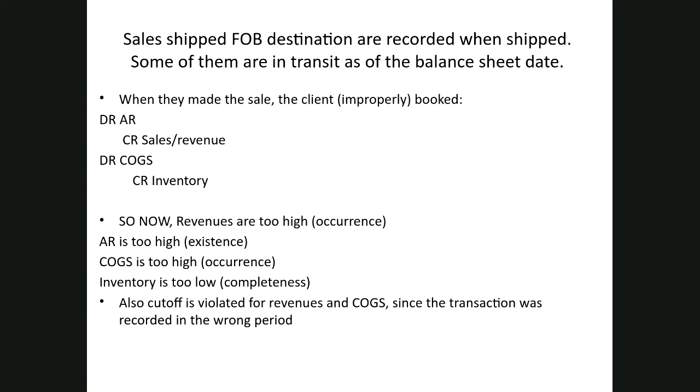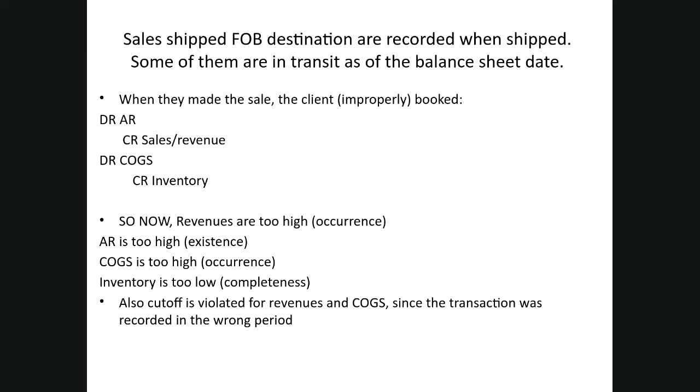Because they made this journal entry they shouldn't have, revenues or sales wind up being too high as of the end of the fiscal year. So they essentially recorded a sale that did not exist as of the end of the fiscal year.